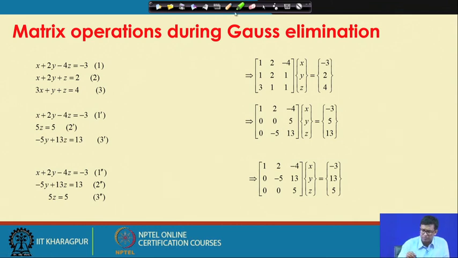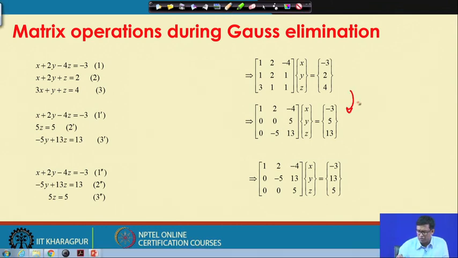So, this is a row combination operation for the second and third row, and here there is a row permutation.